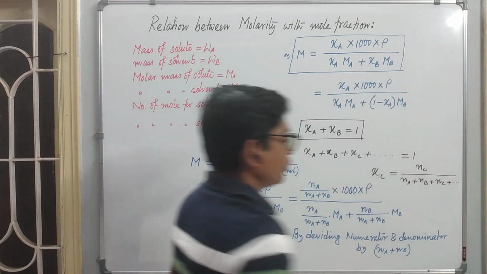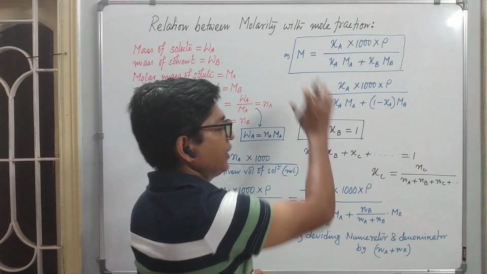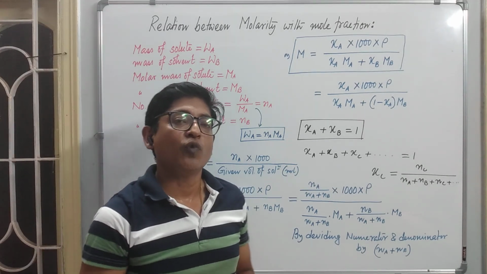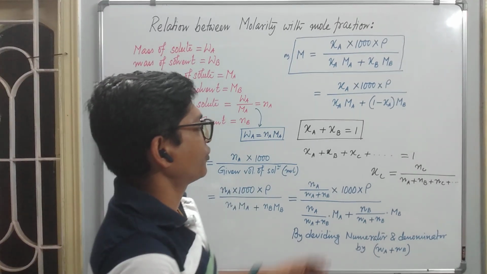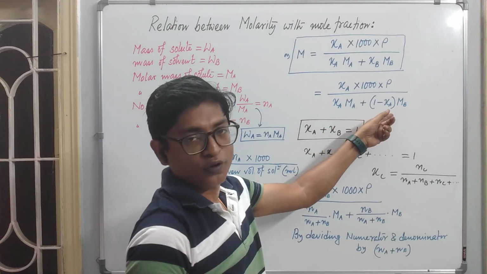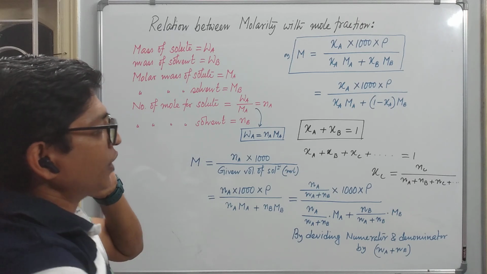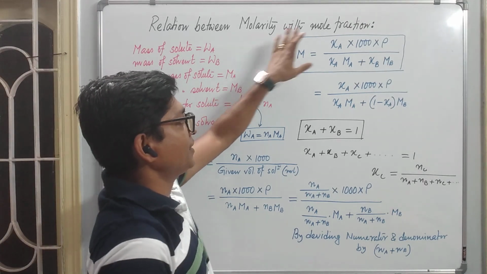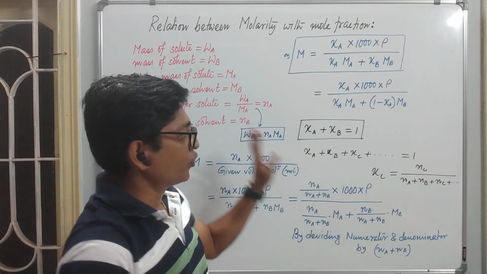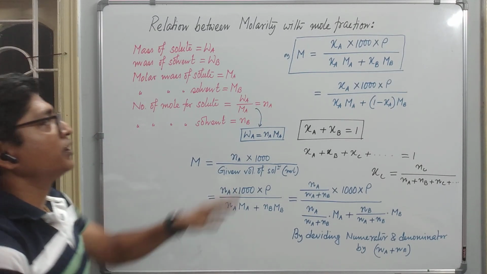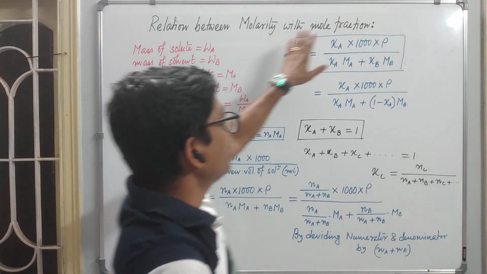Like that it will continue. But here in a solution we are only considering one solute and one solvent. That's why this reduces to this form. So now I hope you understand how we are able to find the relation between the molarity and the mole fraction. Once you are done, second we'll see the relation between the molality and the mole fraction.